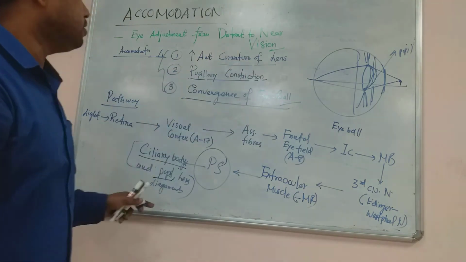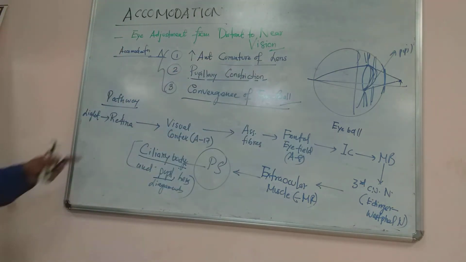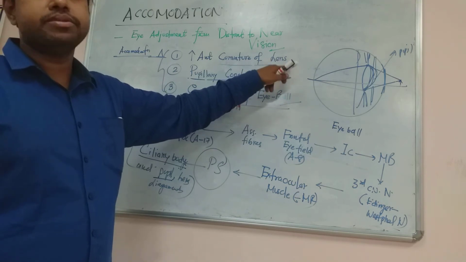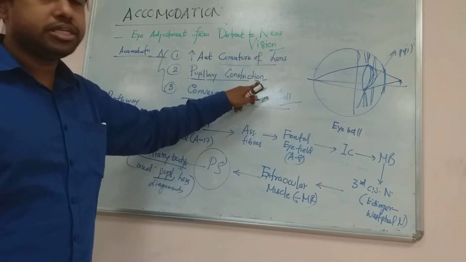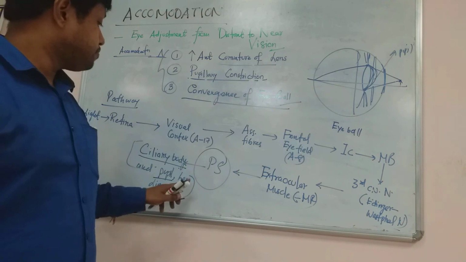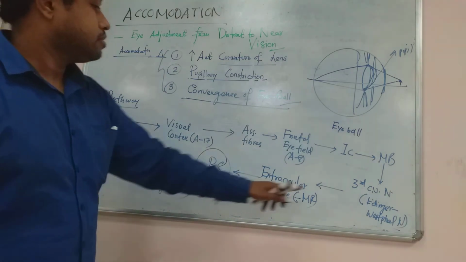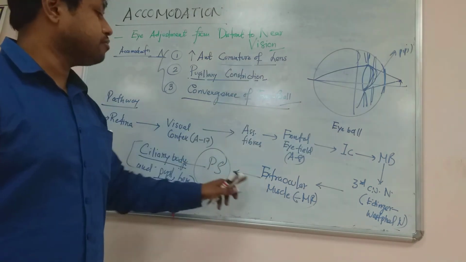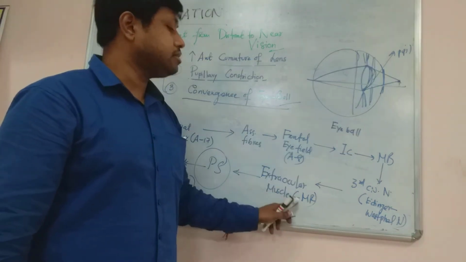So these are the three important mechanisms. Number one is anterior curvature of lens, which occurs because of contraction of ciliary muscle. Number two is pupillary constriction, which occurs via the third cranial nerve nuclei. And convergence of the eyeball occurs because of contraction of the extraocular muscle, that is medial rectus.